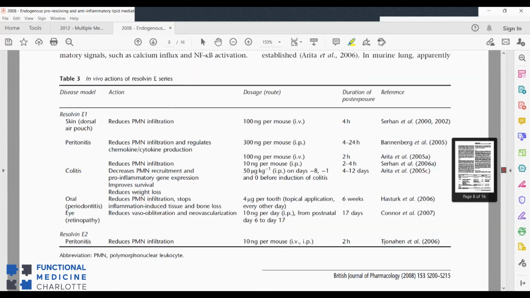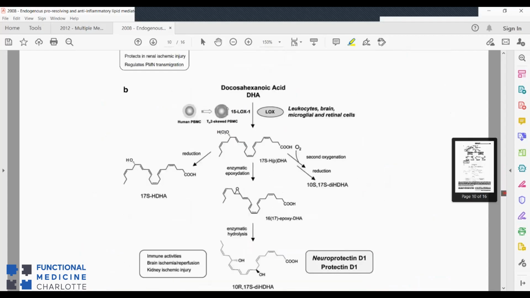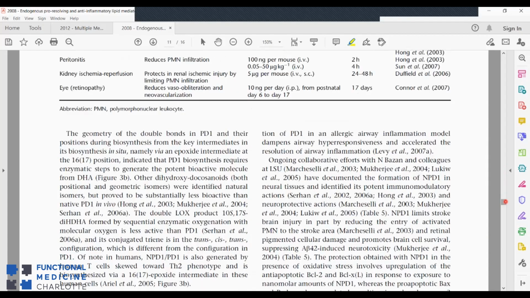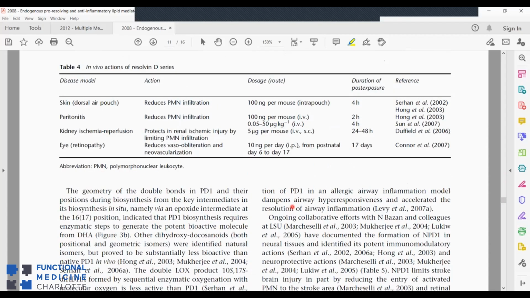That's the E-series resolvins. If you look at the D-series resolvins, same thing: reducing inflammation, protecting the kidney from ischemic injury, and reducing eye injury when there are vascular issues.